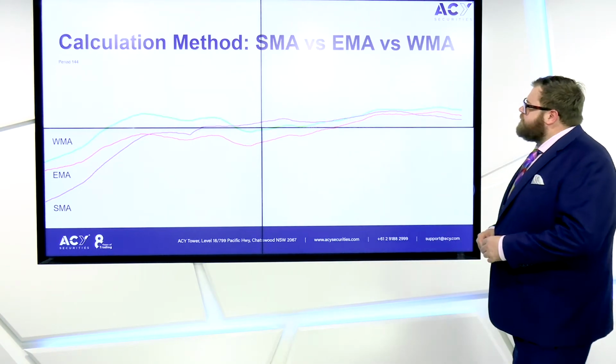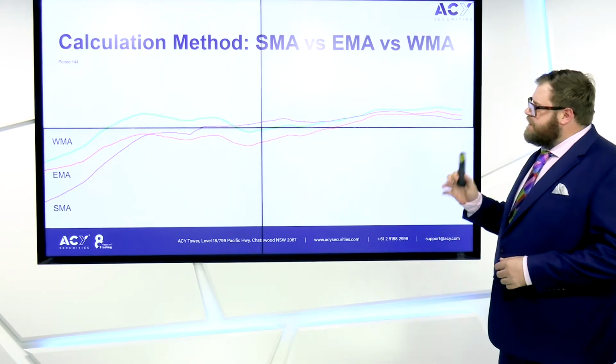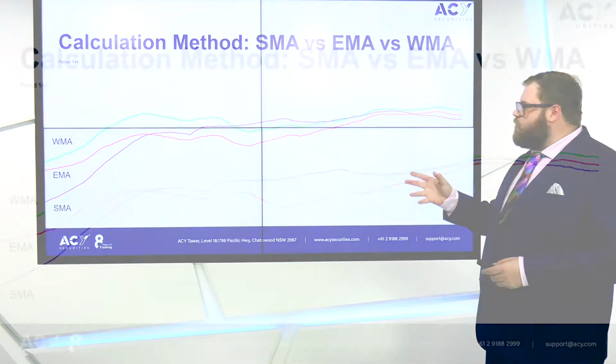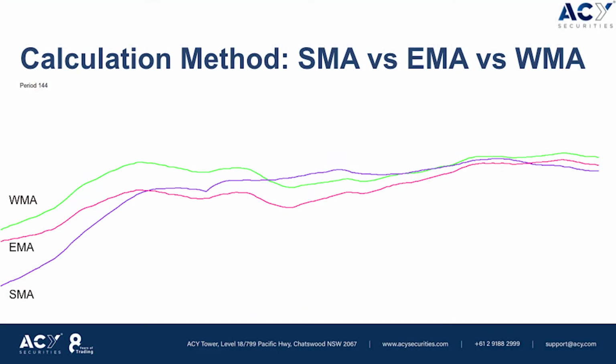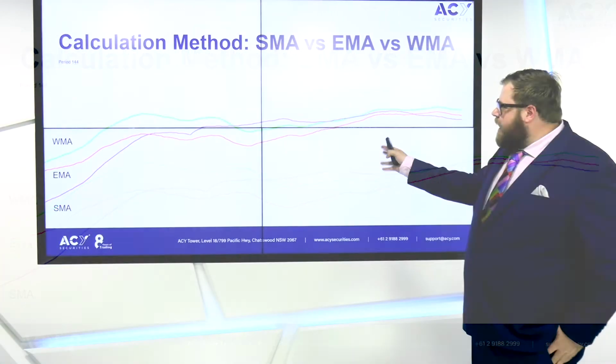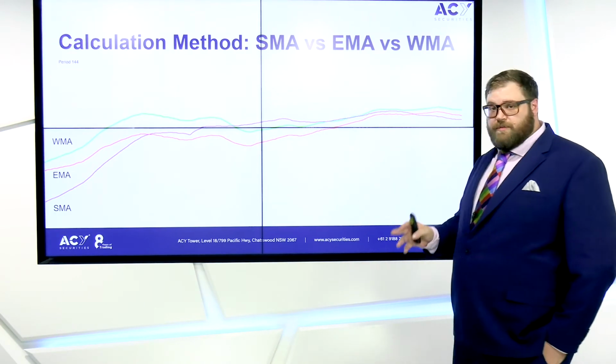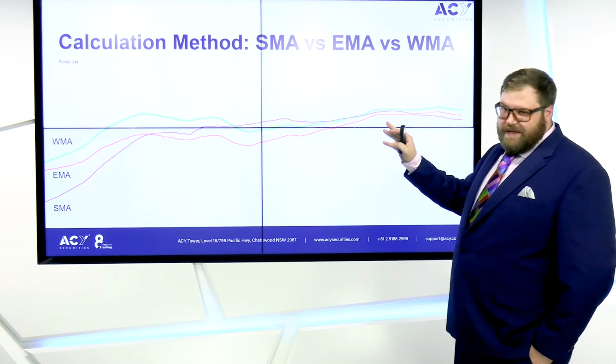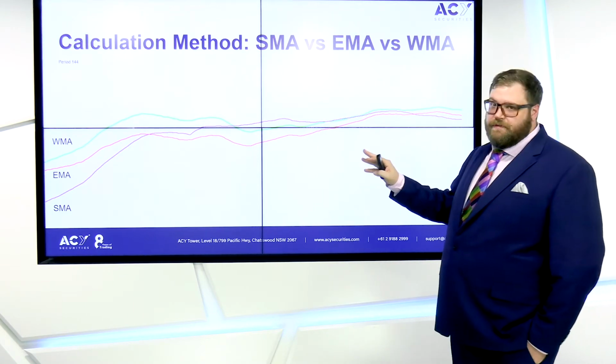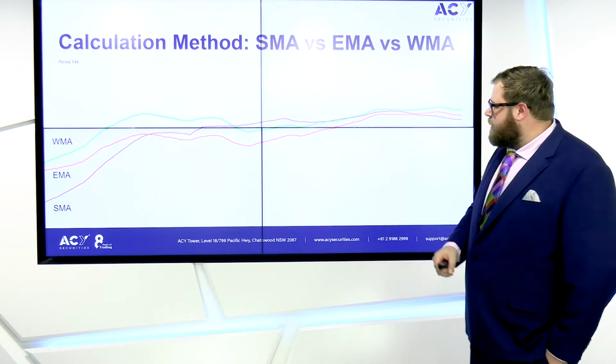Now, as you can see on this chart here, I've just wanted to illustrate how these moving averages and the different types, whether it's a WMA, an EMA, or an SMA, actually vary. So on this chart behind me, you can't actually see price. I've removed it and hidden it from you, but it's all applied to the same chart. They've all got the same settings other than the difference on how they calculate it.